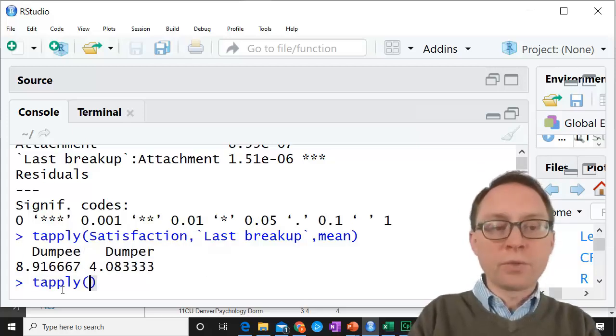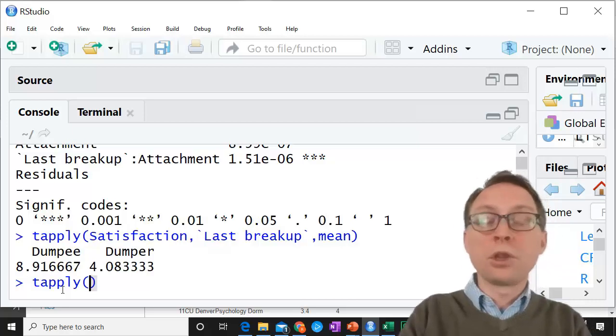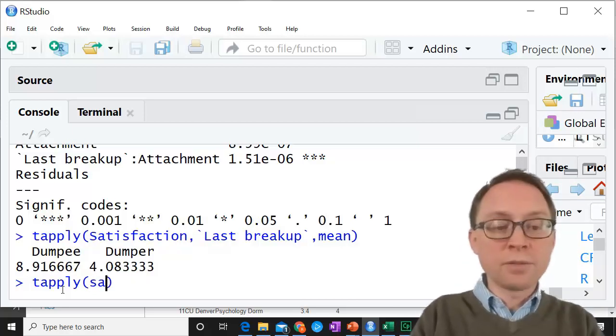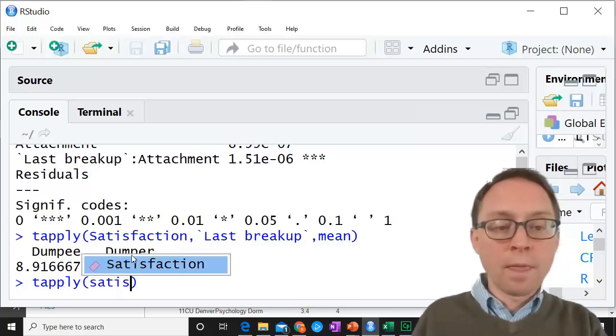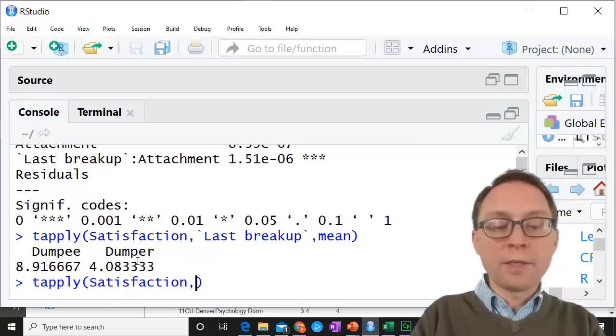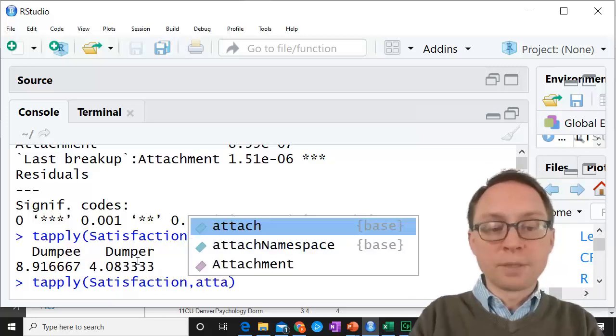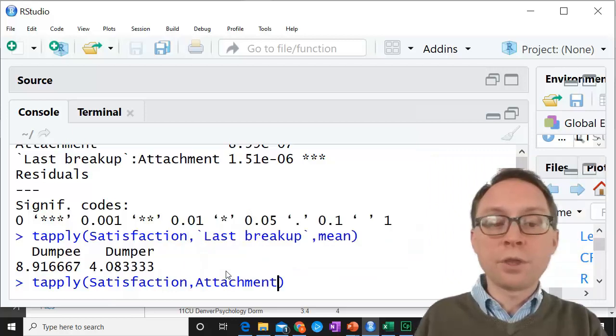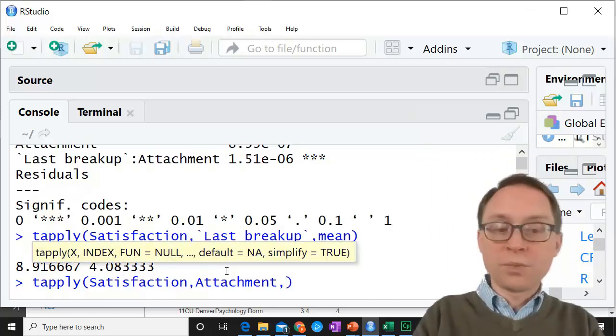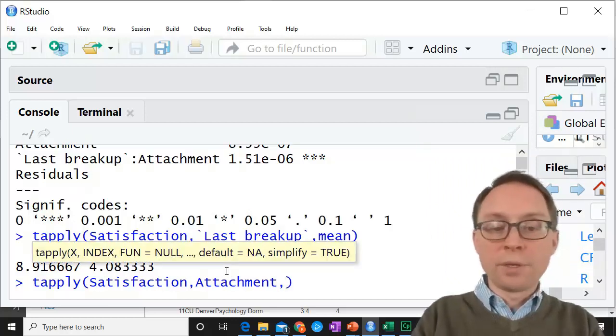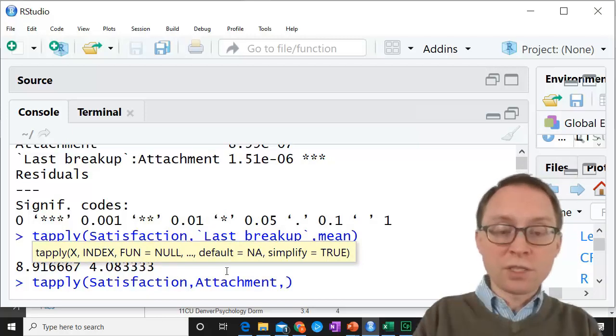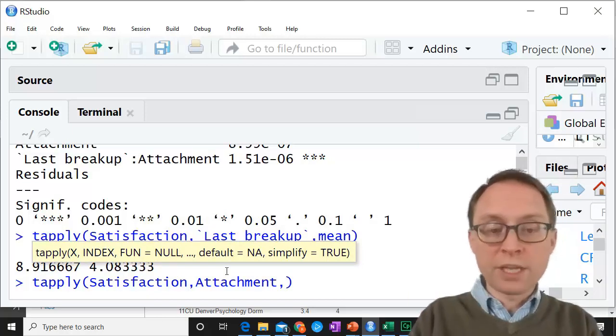Now we'll do the same thing with the other main effect, which is attachment style. And this is going to look at just satisfaction split by attachment, meaning we're going to compare the insecure to the secure. We're not going to mess with whether or not you are a dumper or a dumpee here. The main effect is just the one factor by itself, just attachment by itself.